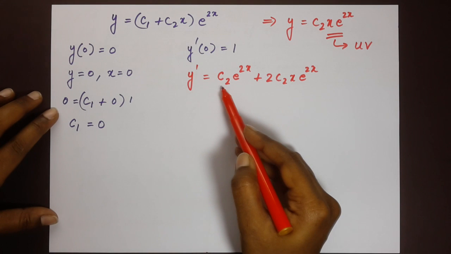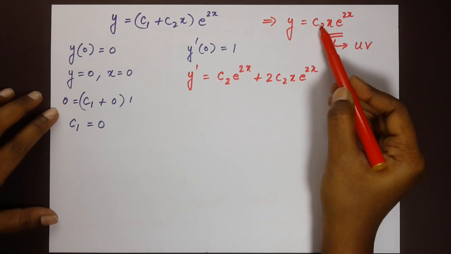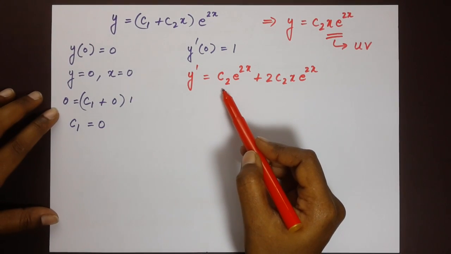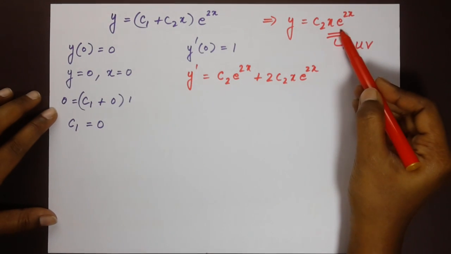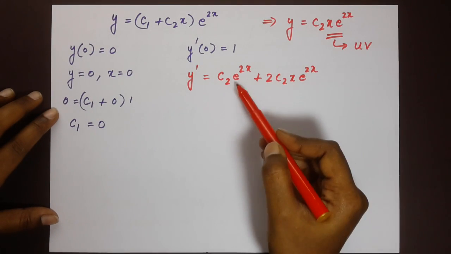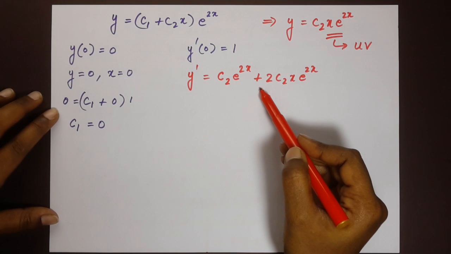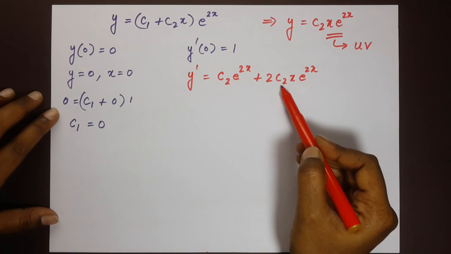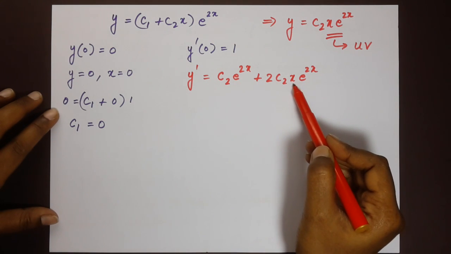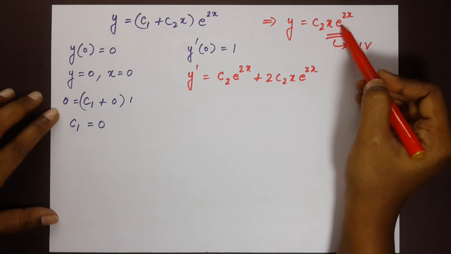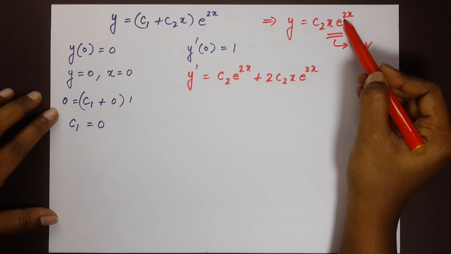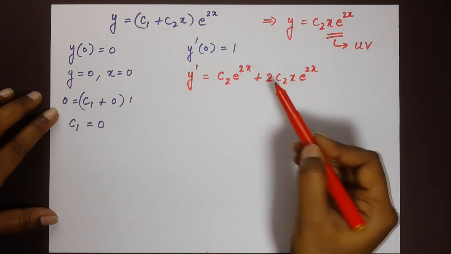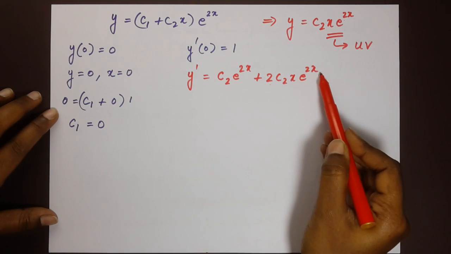So y dash is equal to c2, which is the constant, it will remain the same, e power 2x and derivative of x is 1, plus c2 will remain the same. We are considering x constant and then differentiating e power 2x. The derivative of e power 2x is 2 into e power 2x.